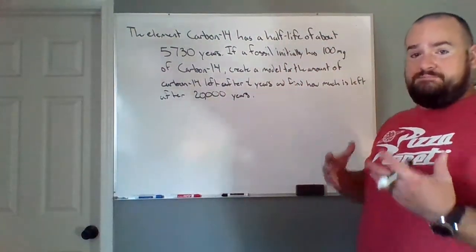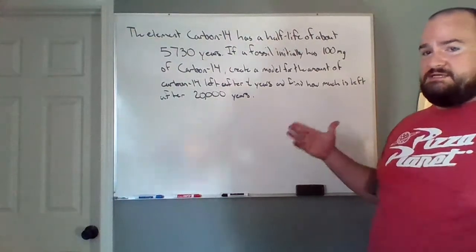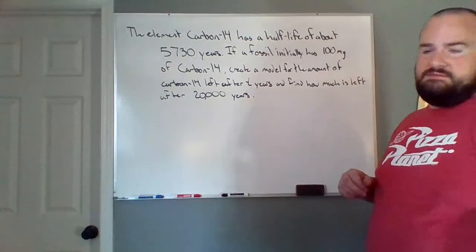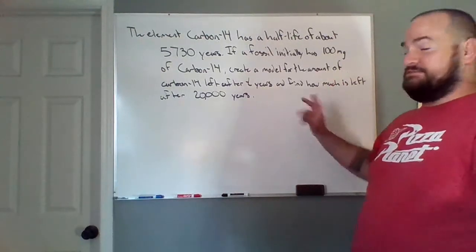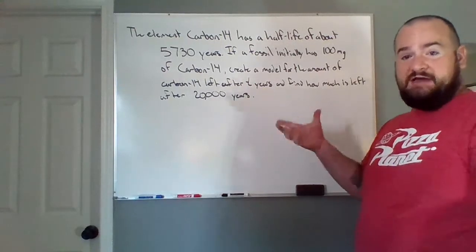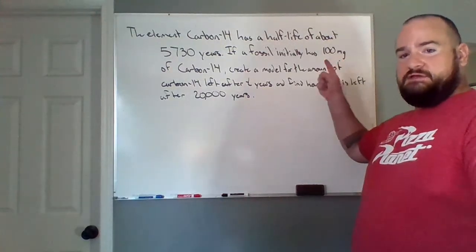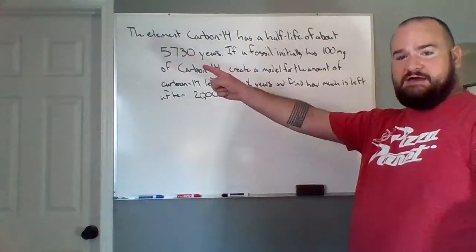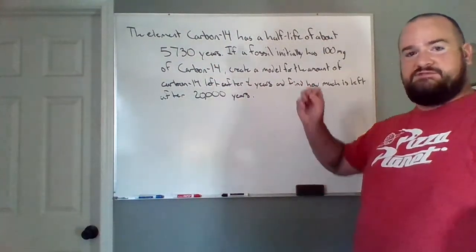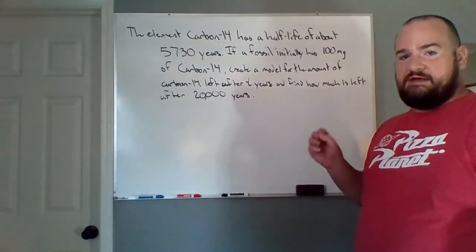This is a pretty typical problem. This is definitely something that you could see on a test, in the homework, or just in your daily archaeological lives. So, let's first create our model. For half-life, we need two things. We need to know the initial amount and the half-life. Because our formula was the initial amount times 1/2 to the t over k, where k was our half-life.